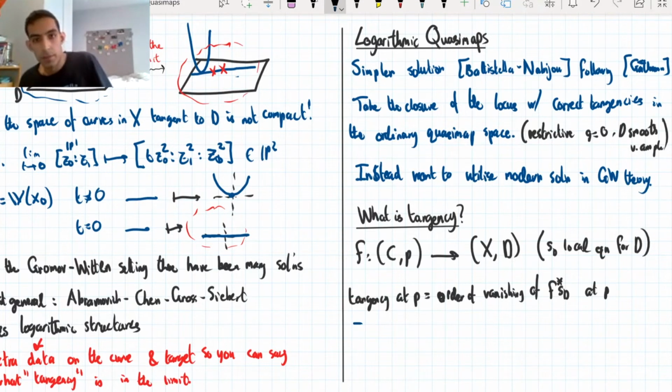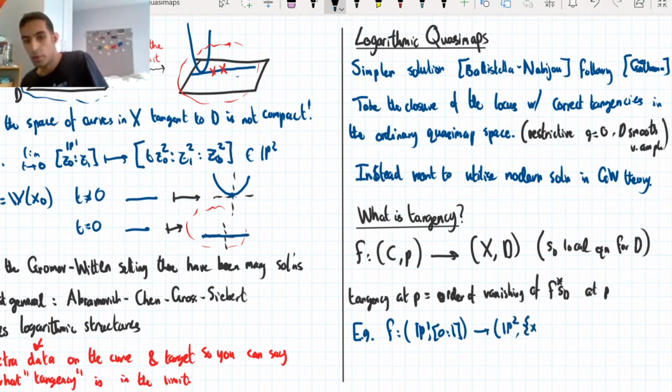So, for example, the one we gave: P1 with coordinates 0, 1 goes to P2 with the divisor given by the first coordinate vanishing, and the map was the one we said before, which goes to Z0 squared, Z1 squared and Z0 squared.